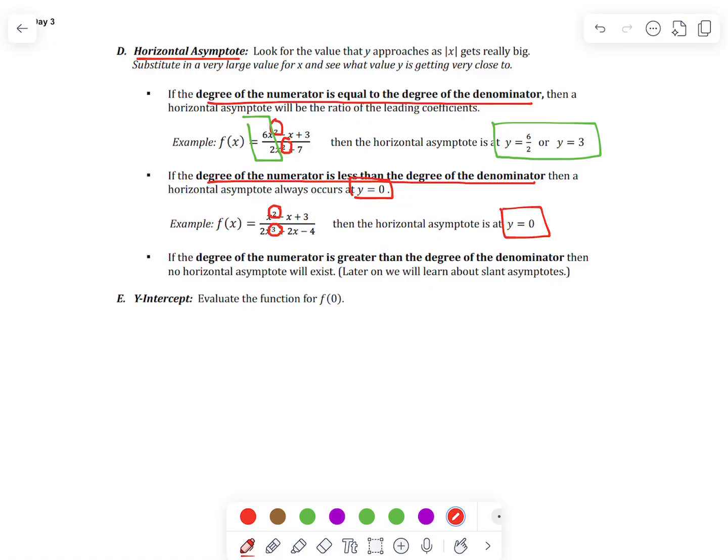The last scenario is if the degree of the numerator is greater than the denominator, then you will not have a horizontal asymptote. And we'll learn later about slant asymptotes. The last thing is to find the y-intercept. What we do is evaluate the function for f of 0.